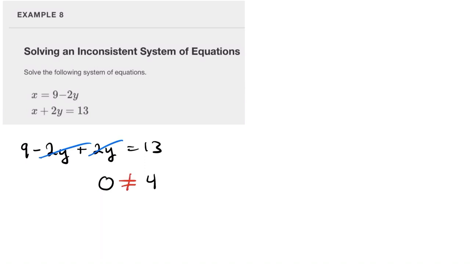So because 0 is not equal to 4, this is a contradiction. So there's no solution. We'll just say no solution. The lines are going to be parallel. In other words, these are lines that have the same slope with different y-intercepts. Okay?